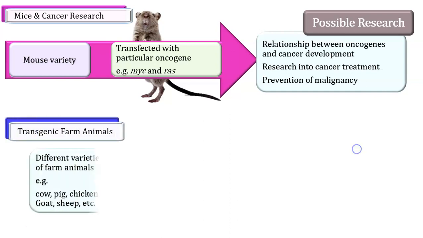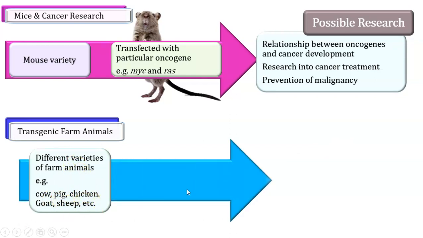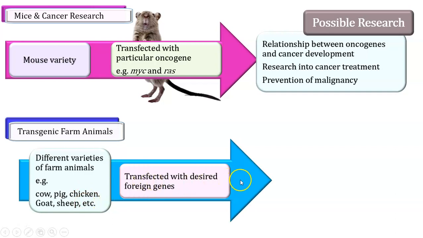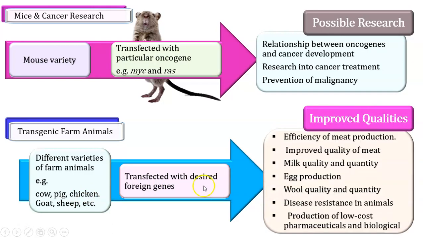Transgenic farm animals, different farm animals such as cow, pig, chicken, goat, etc. They are transfected with desired foreign gene, and desired characters can be obtained in those farm animals, such as efficiency of meat production.